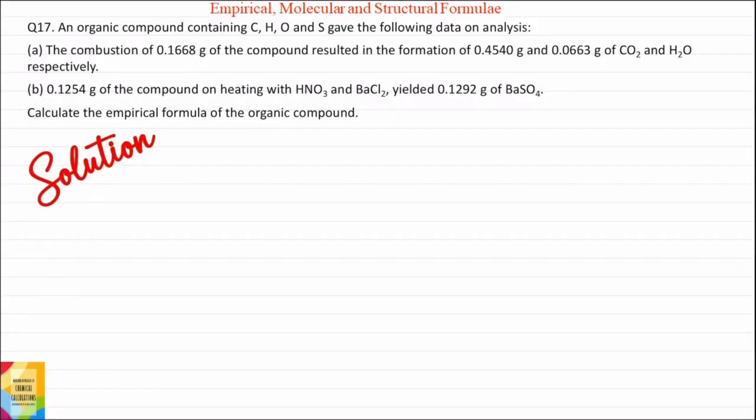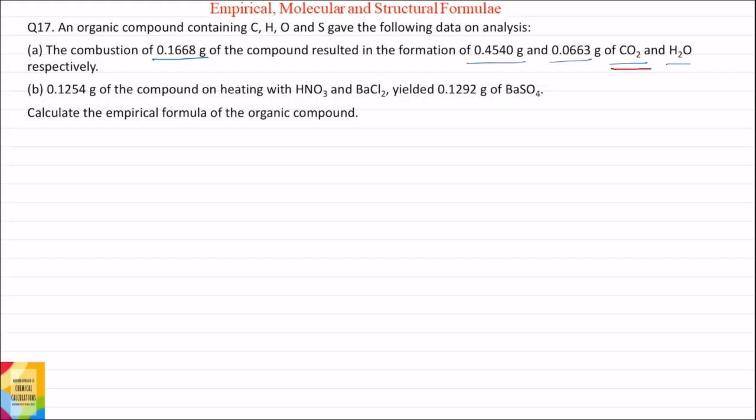Now weight of the compound is 0.1668 gram. Carbon dioxide weight is given as 0.4540 gram and weight of H2O is given as 0.0663 gram. Now 1 mole of carbon dioxide contains 1 mole of carbon.